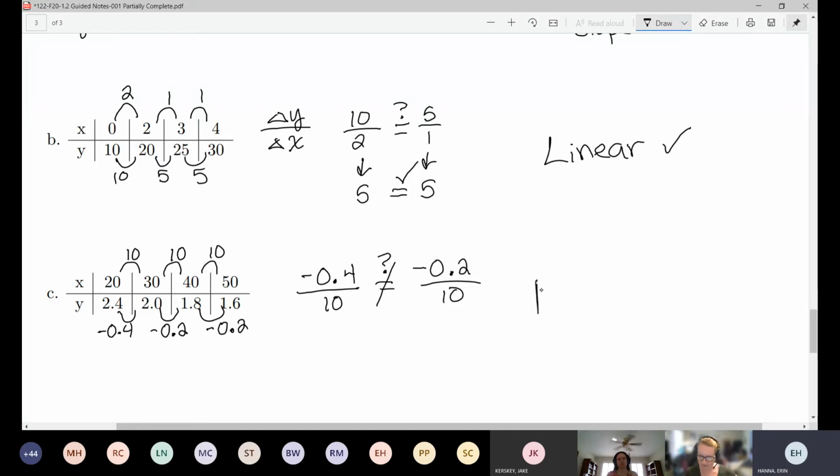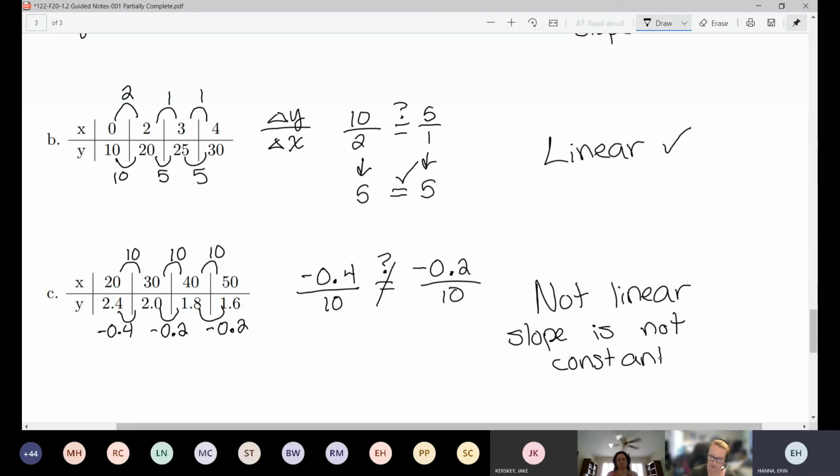This is not linear. Slope is not constant, because the slope between the first 2 points is not going to be equal to the slope of the last sets of points.